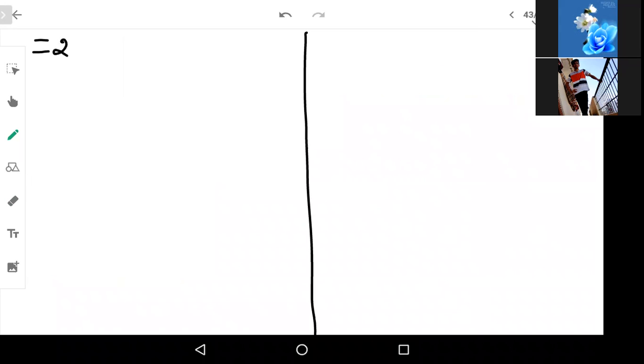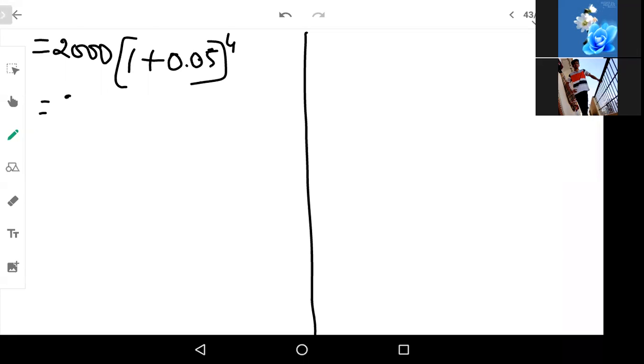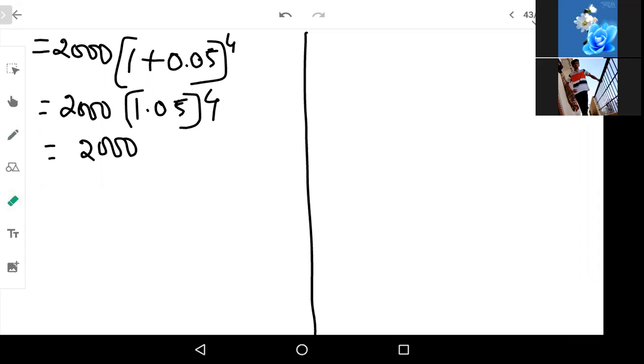So 2000 into 1 plus 0.05 to the power 4. So 2000 into 1.05 to the power 4. So 2000 into 1.05, how much do you get?